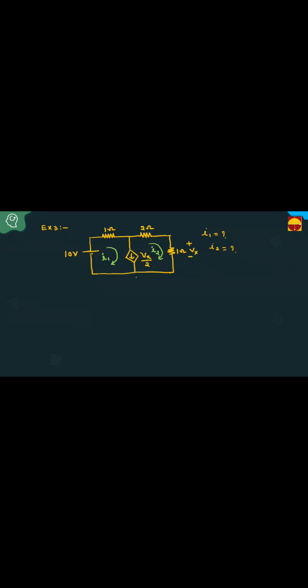Super mesh, because the current source is common for two meshes. It may be a dependent or independent source, whatever it may be, this is the common one. Then apply the super mesh.